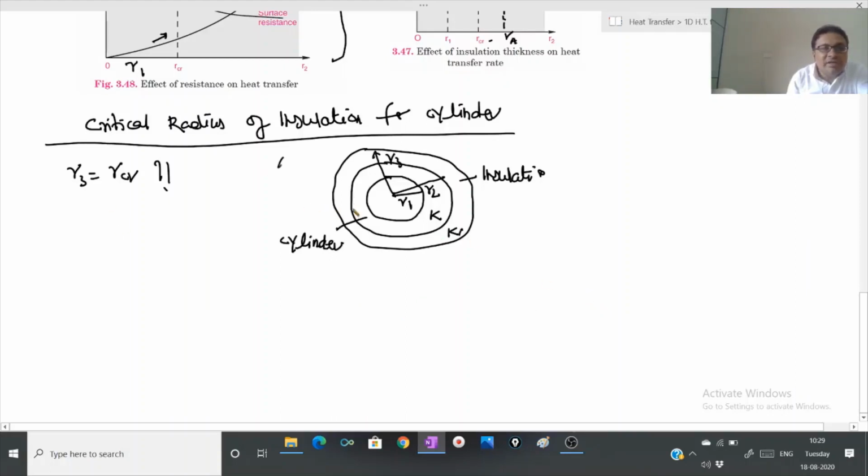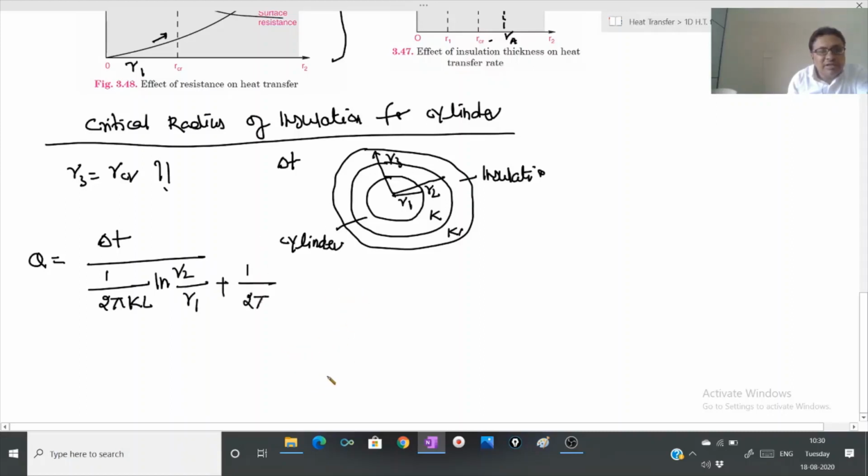And the temperature difference across the inner and outer surfaces is delta T. So the rate of heat transfer can be calculated in this case as delta T over 1 over 2 pi KL log of R2 over R1. This is the thermal resistance offered by the cylinder.